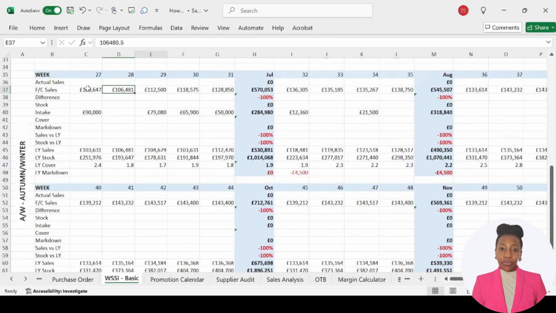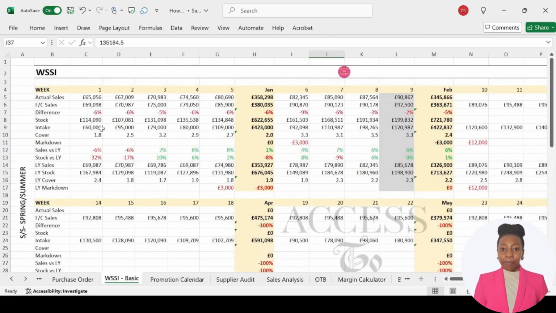We would have plotted this down based on either last year's information, for example, here we've got last year's sales, or we would have done it based on what we have bought for the range and what we think we will take, and all of those kinds of things get calculated to put on your forecasted sales.